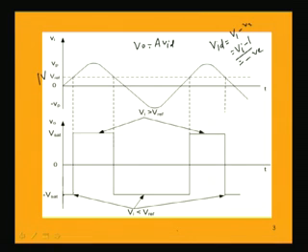Now, as soon as Vi becomes greater than the reference voltage, from this point onwards Vi is higher than the reference voltage. So, this value of VID will now be a positive quantity, because Vi is higher than 1. So, we are getting a positive value.